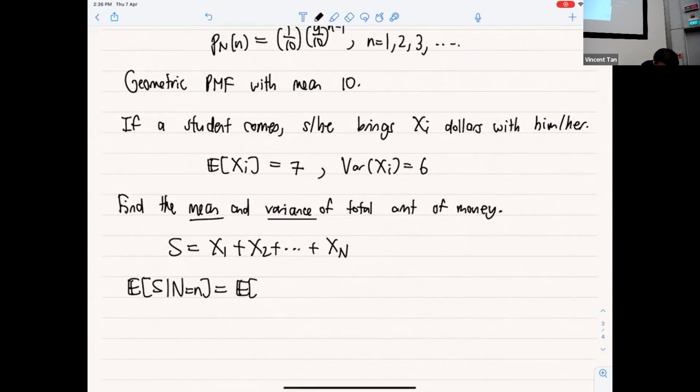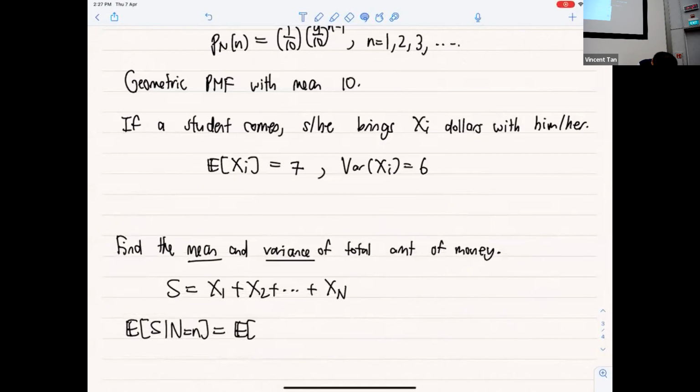Oh, I forgot to say one very important thing. We are going to assume, because if we don't make this assumption, we cannot do the calculation, that the X_i's are independent of one another.